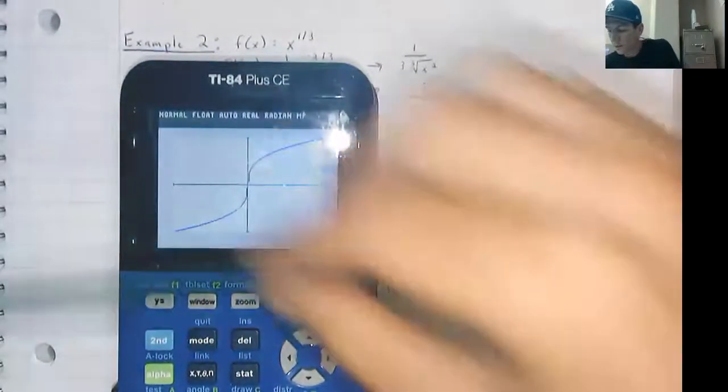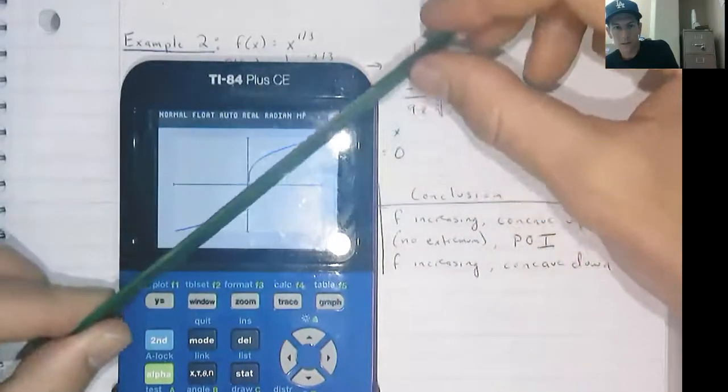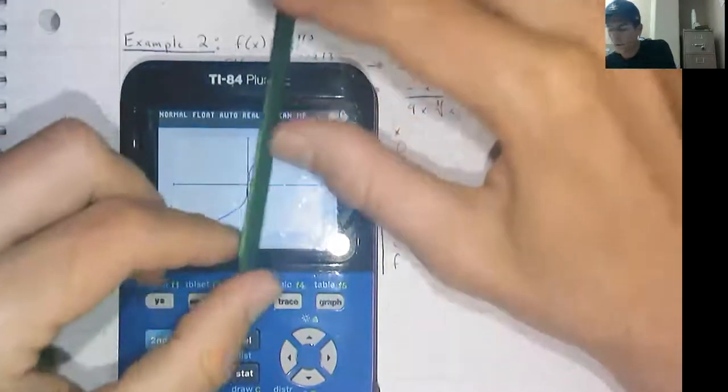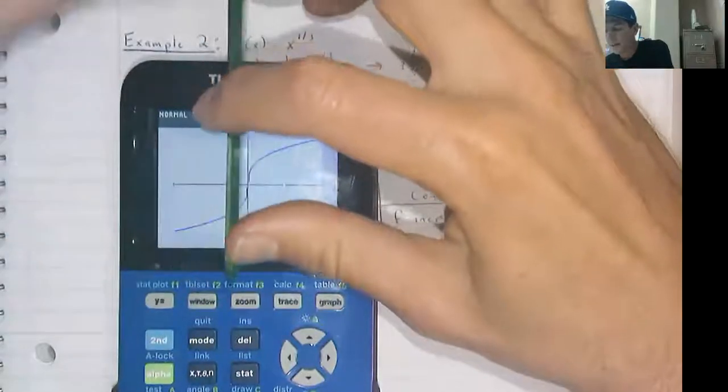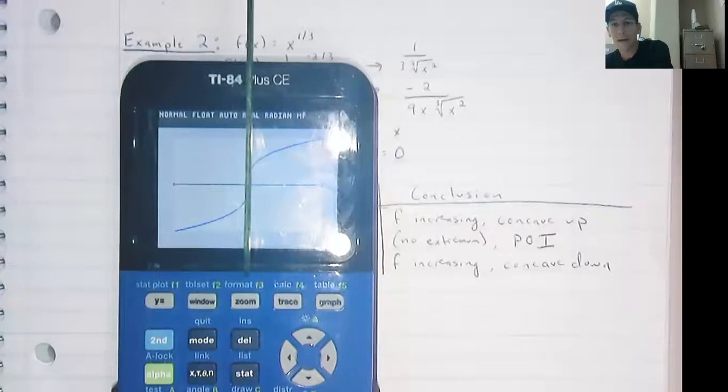So clearly, we've got this increasing, and then we've got a tangent line, but we do not have either a first or second derivative. Okay.